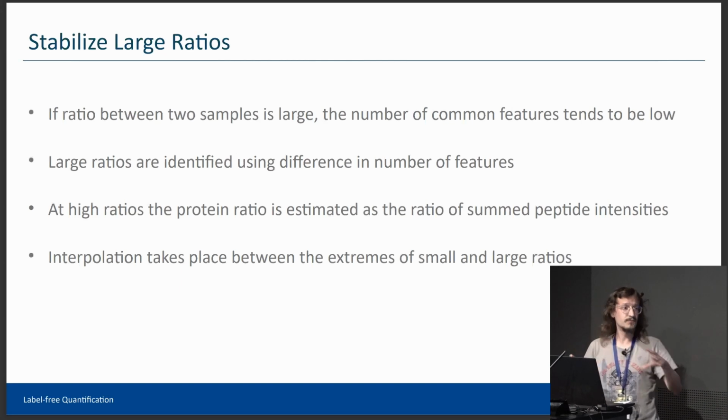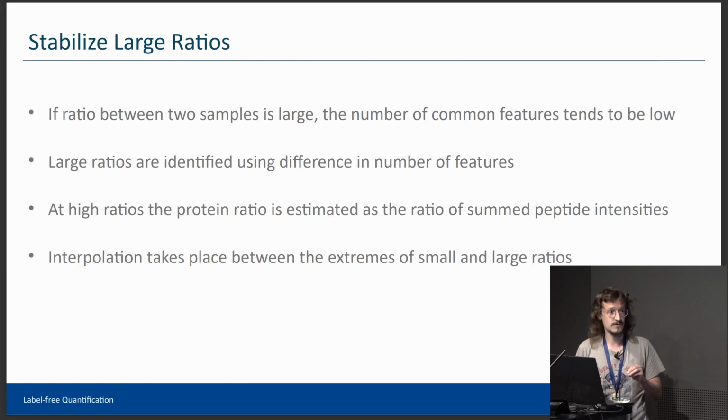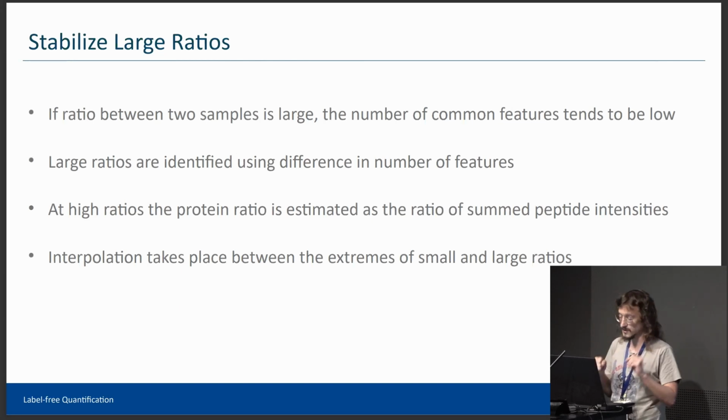In brief, it takes the intensities of the 2 samples, sums these intensities, and then estimates the differences between the 2.